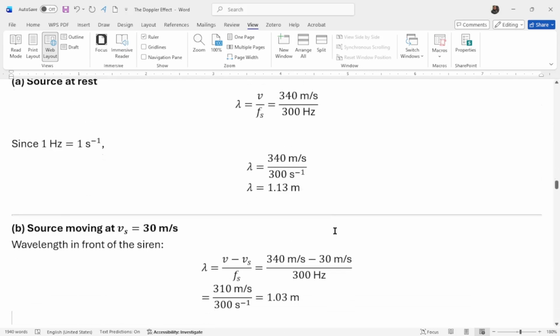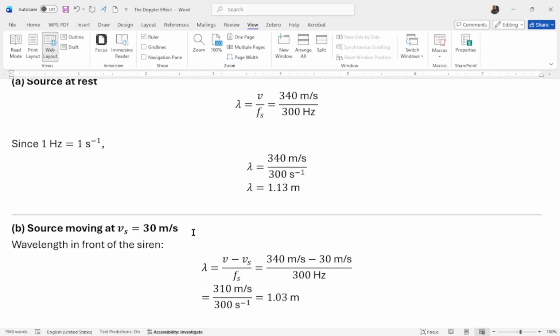So we're going to divide the two. 340 meters per second divided by 300 hertz is equal to 1.13 meters. So the wavelength of the sound when the police siren is not moving, in all directions, is equal to 1.13 meters.